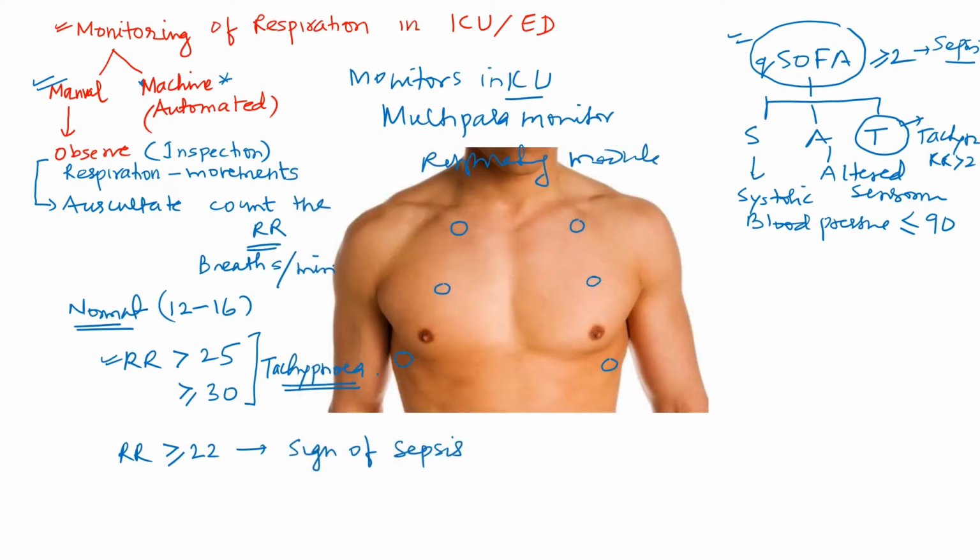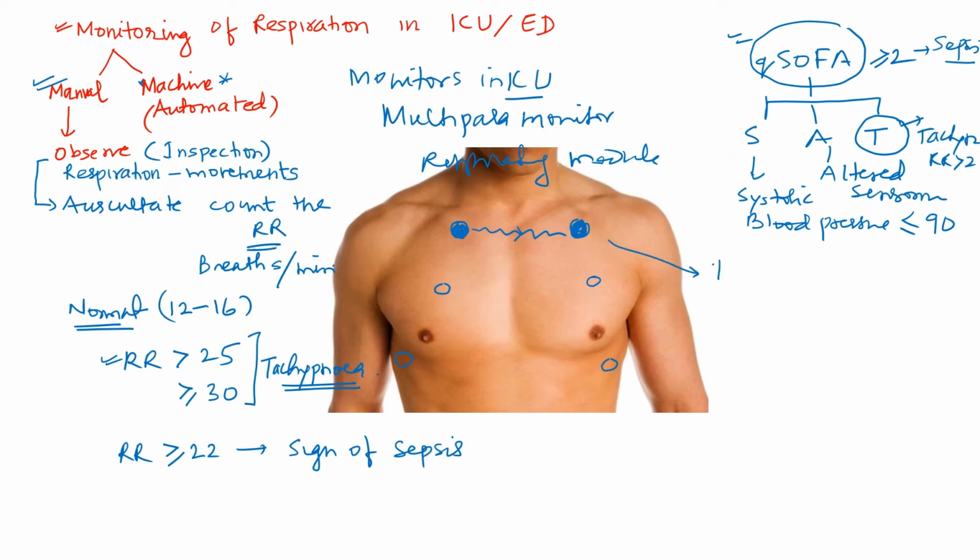Okay, and it captures the current between two ECG leads. So there is a red lead on the right side of the chest and a green lead on the left side of the chest, and current flows in between. And if the current is impeded by the respiratory movement during inspiration, that is captured by the electrode, which will be counted as one breath.